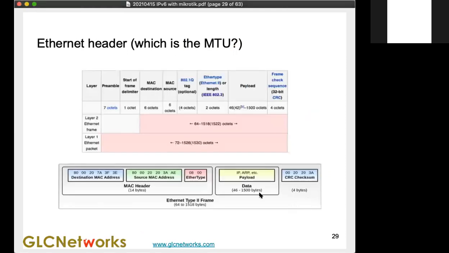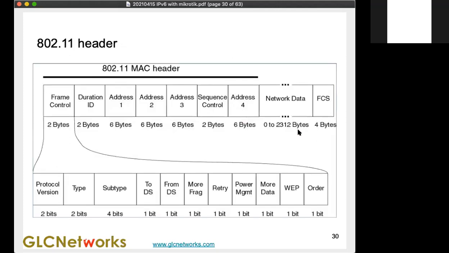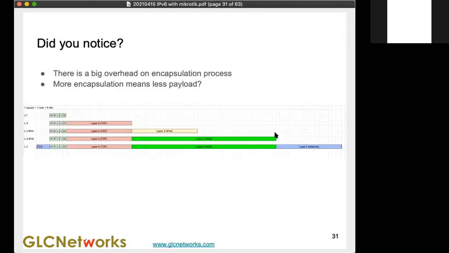And then down to layer 2, we have Ethernet header, and also Wi-Fi header. When we take a closer look at the encapsulation, when you type something on WhatsApp, what you send is just hello, but actually you send not only hello, but there will be an encapsulation process throughout the communication links.